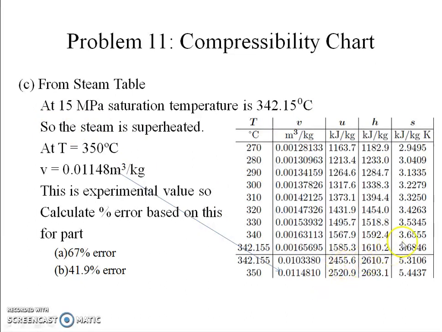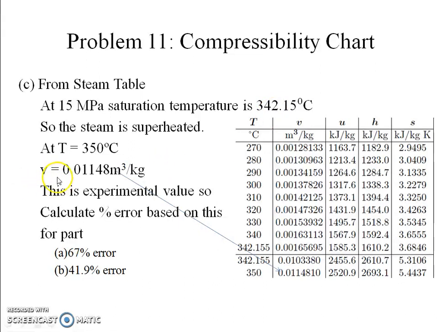These are the values at 15 megapascal. We see that saturation temperature at 15 megapascal is 342.15. You can also go and see this value in your saturated steam tables. If you go to 15 megapascal, you will see that the saturation temperature is 342.15 degrees centigrade. So my steam is at 350 degrees centigrade, so that means it is superheated steam. You can easily now calculate the degree of superheat. 350 minus 342, so approximately 8 degrees of superheat is there.